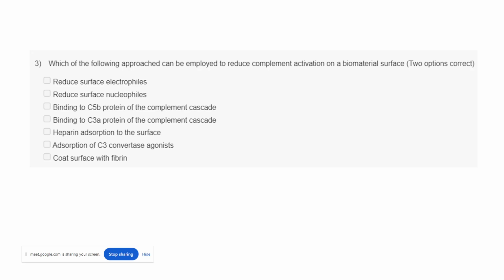Okay, we have the next question here. Which of the following approaches can be employed to reduce complement activation on a biomaterial surface? You have to select two correct options here.